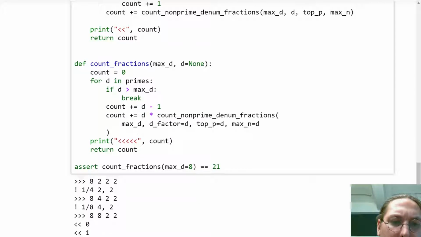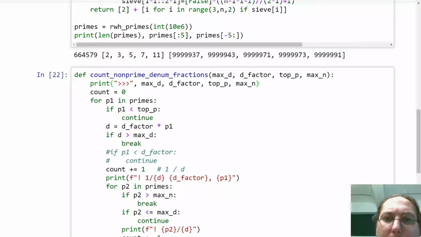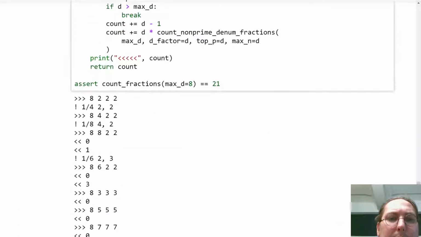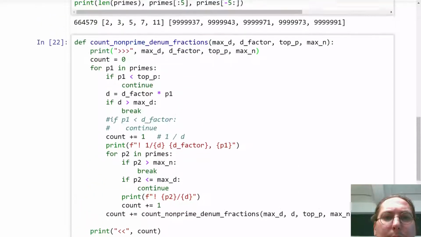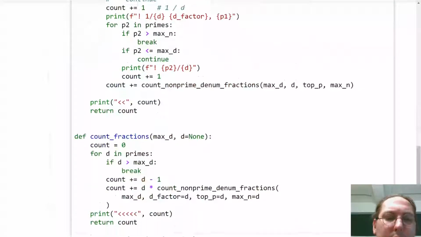So for d factor of 2, right here. So here we're actually looking for 4 as the d factor.